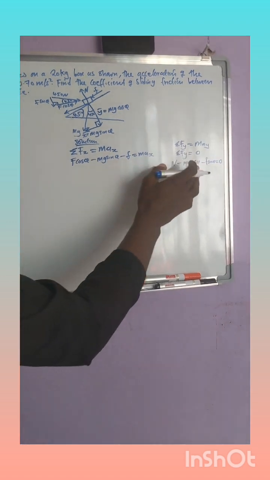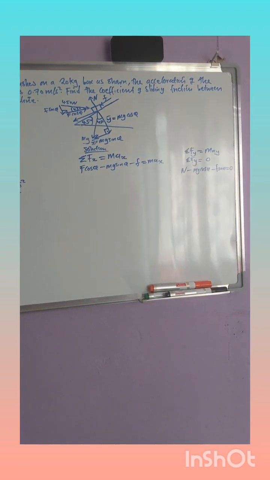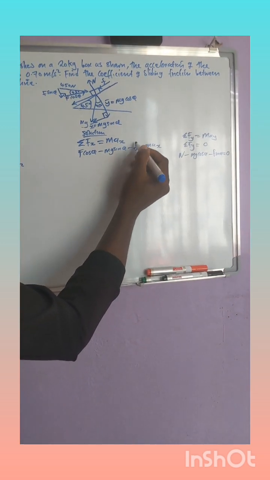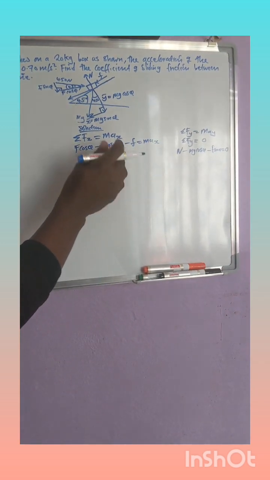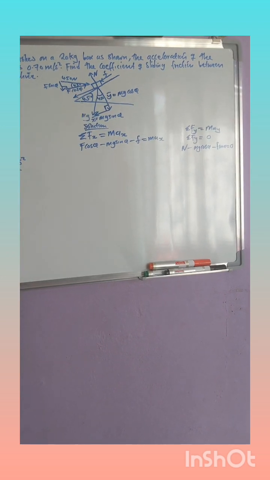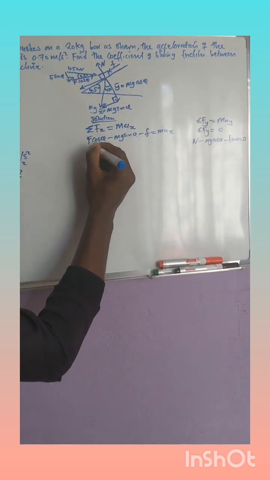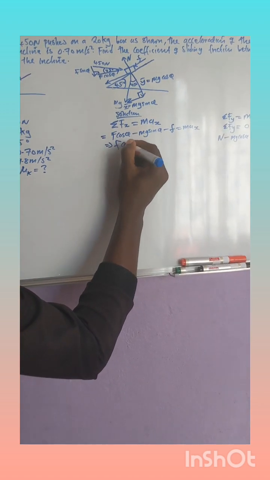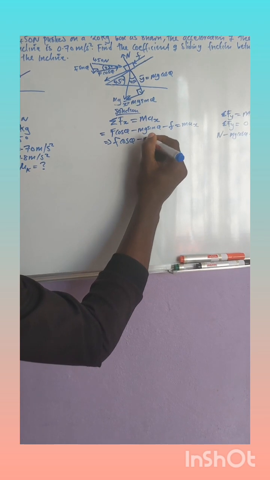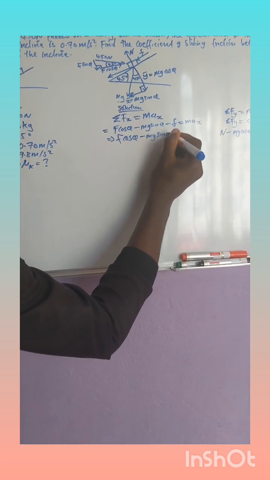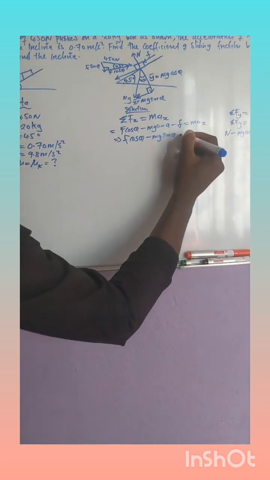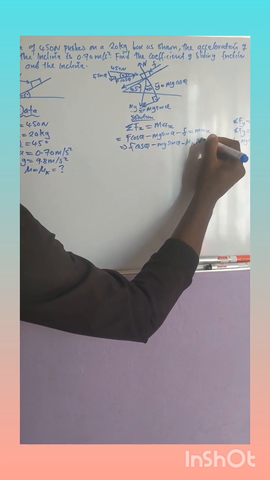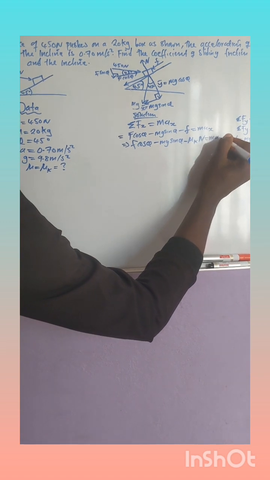Now we have the two equations. We have to find the coefficient of sliding friction. So this will be equal to F cos theta minus mg sin theta, and we know that friction is mu k times the normal force, equal to ma x.